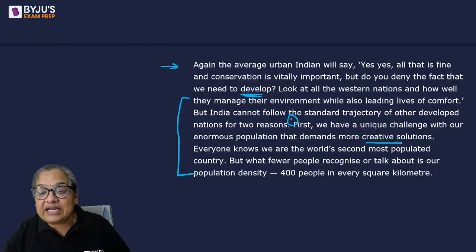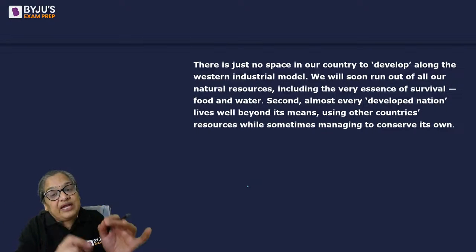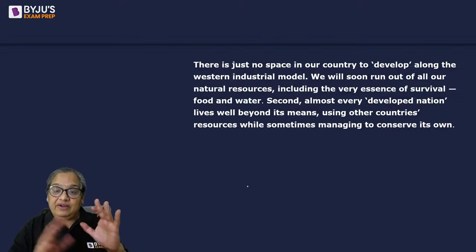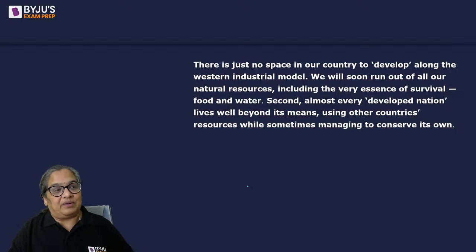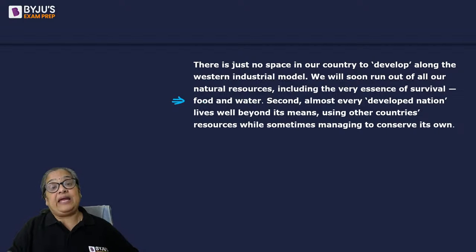So we need creative solutions. And second, the density of population in India is very high. So the Western model of development is not suited to the Indian model of development. We need enough food and water, but the Western model of development will not allow us to supply our population with sufficient food and water.